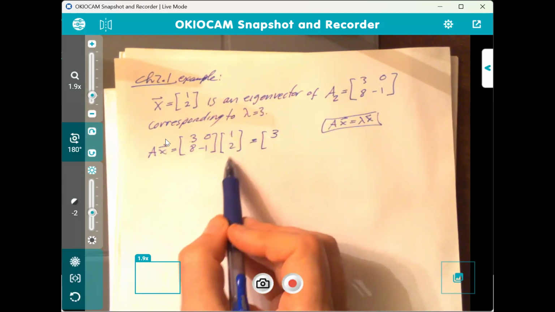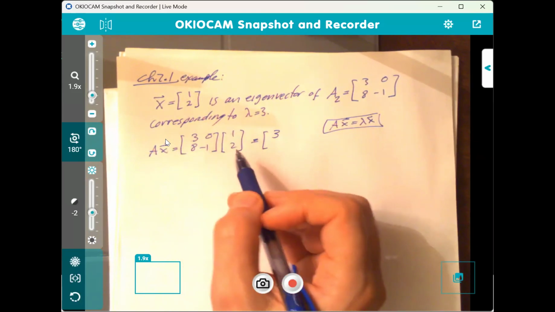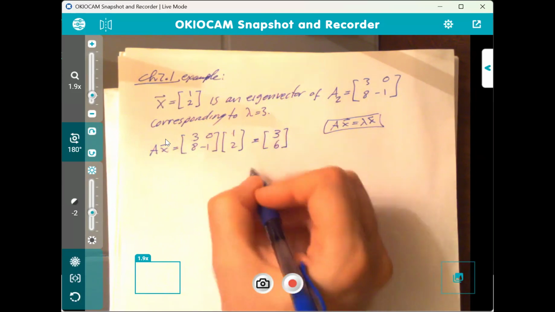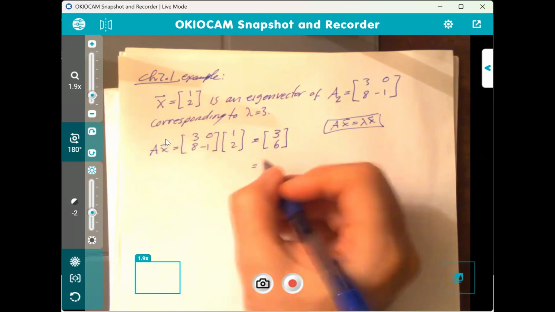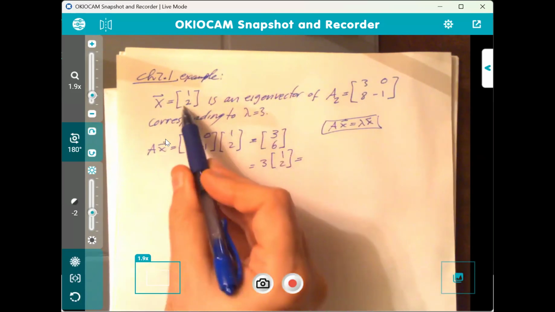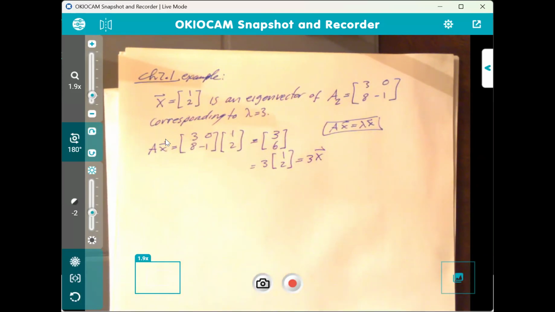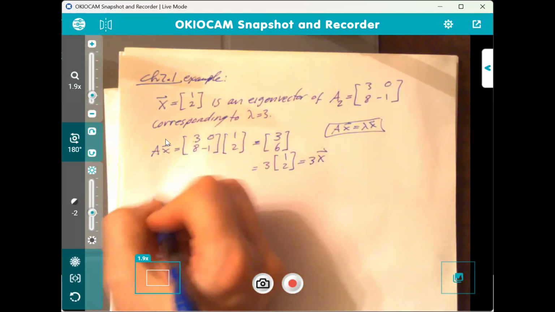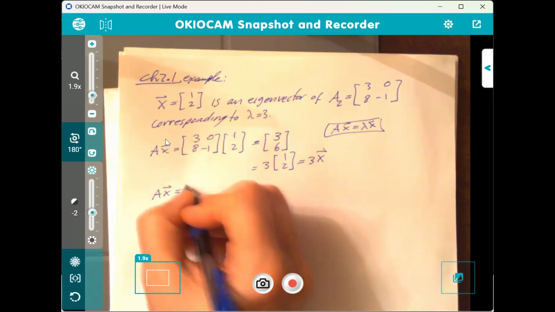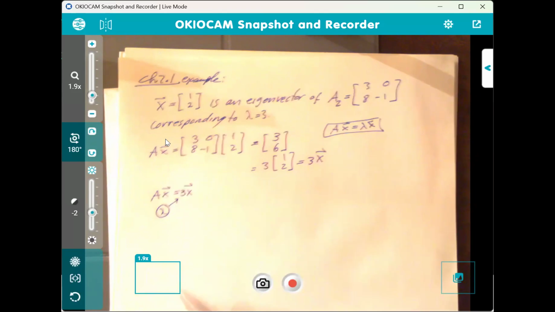Second row, first column gives you the second entry in the product matrix: 8 by 1 minus 2 is going to be 6. And if I factor the 3 out of this, I'm going to get 3 times 1, 2. You see that 1, 2 here? So that's going to be 3x. And therefore, Ax is equal to 3x, and this is our lambda, the eigenvalue.